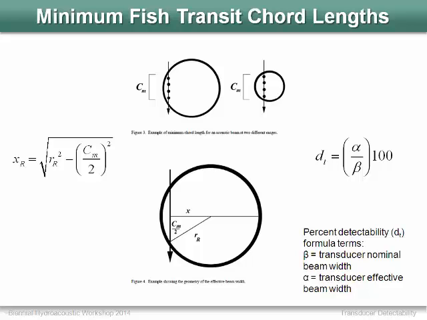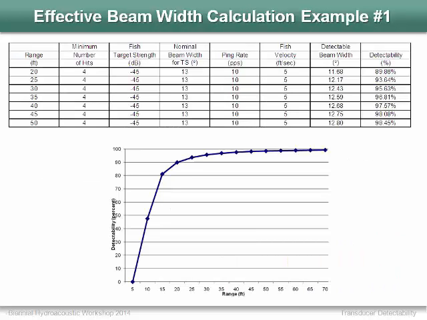You can see on the top there that say we're requiring four echoes, and the length of that chord is going to be based on our boat speed, the diameter of the beam at the depth of detection, and then you can calculate your percent detectability as D sub t, that measure of your effective beam width as a proportion of the nominal beam width, the whole width across the full diameter.